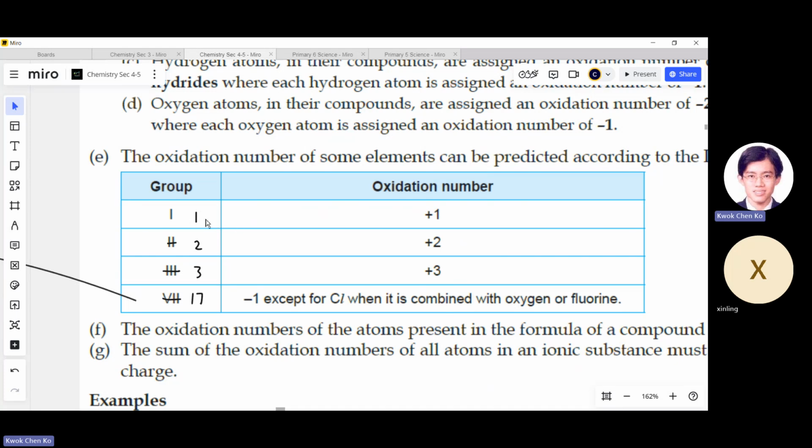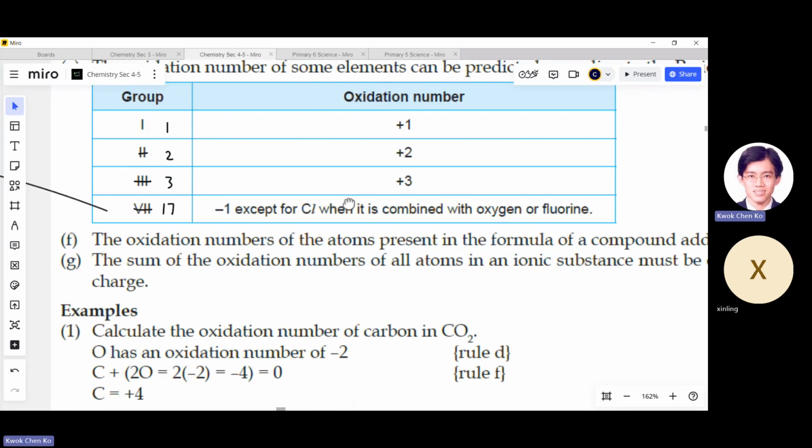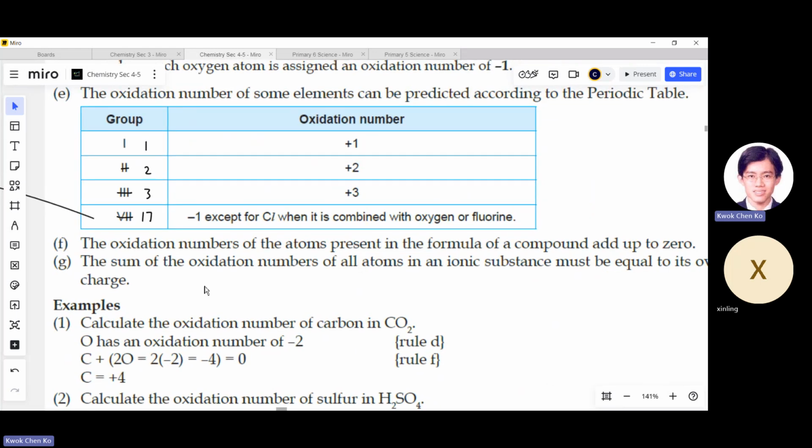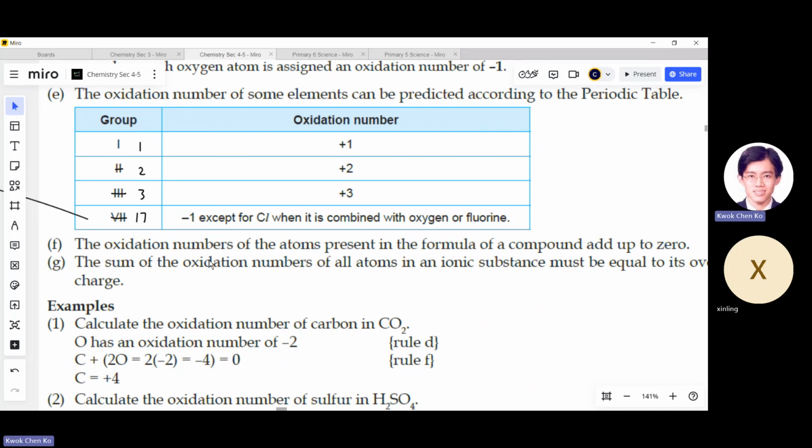Is carbon in group 1, 2, 3, or 17? No. Carbon is in group 14, in case you've forgotten your periodic table. Therefore, I have to use rule number F. The oxidation numbers of the atoms present in the formula of a compound add up to 0. What does that mean? So take note, I'm using rule F.